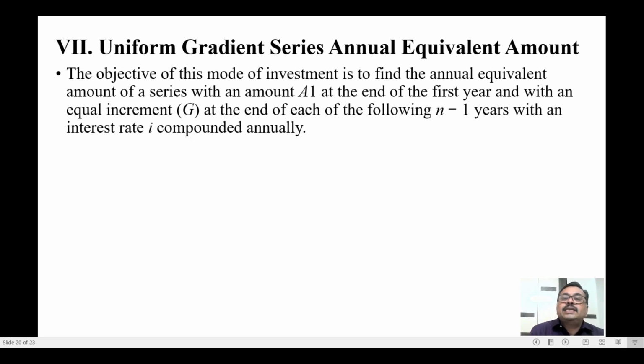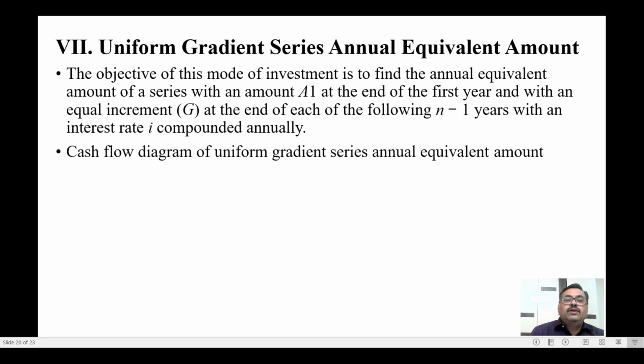That is what we call G. Whatever the increment from the first year to the second year, we call it G. And we always say 1G, 2G, 3G, because the first year it is 1 gradient, second year 2 gradient, third year 3 gradient for the A1, that is the initial amount that you are going to pay, for the following n-1 years with an interest rate of I compounded annually.